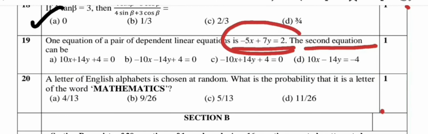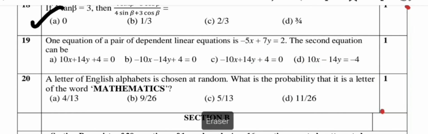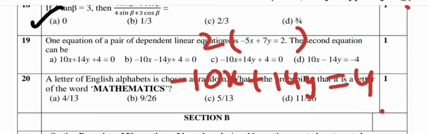Now let us look at the options. We see here we are finding 10x, 14y. So looking at the options we can see that we have to multiply this with some number so that we can get any of these equations. Now if we multiply this equation which is given to us with 2, then what do we get? If I multiply both sides with 2, I will get minus 10x plus 14y equals 4.